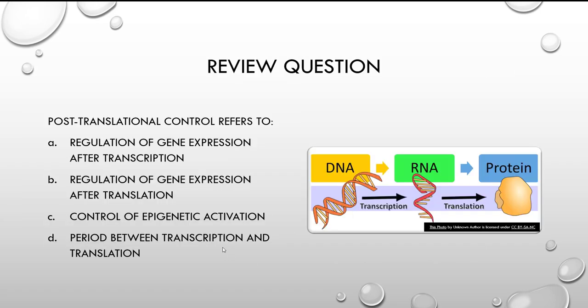And then finally, post-translational control refers to A, regulation of gene expression after transcription; B, regulation of gene expression after translation; C, control of epigenetic activation; or D, the period between transcription and translation.